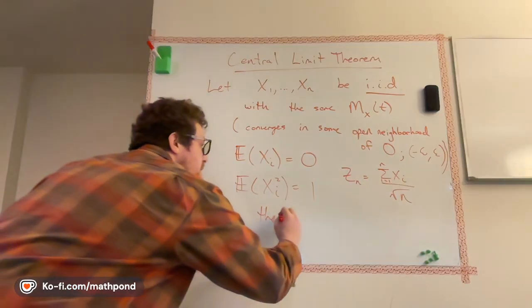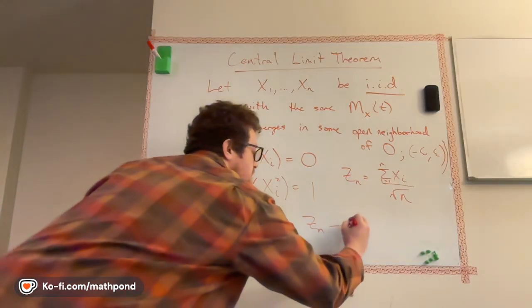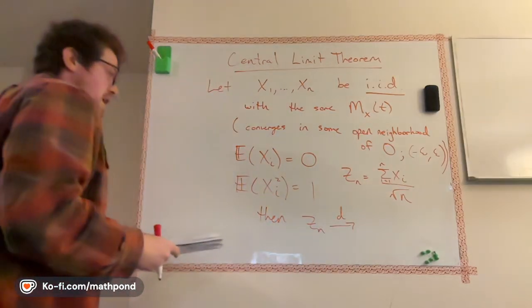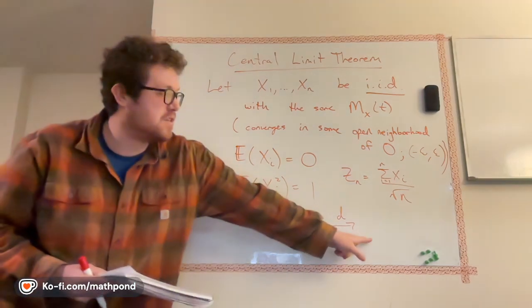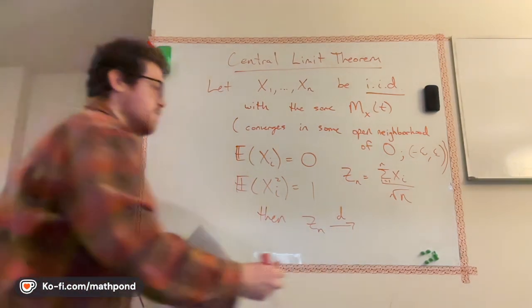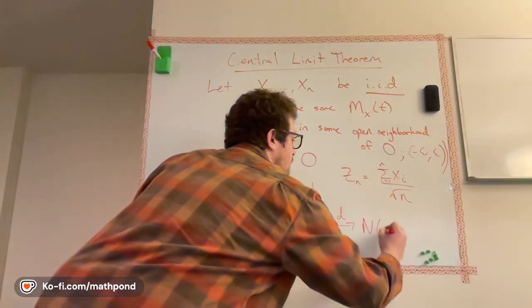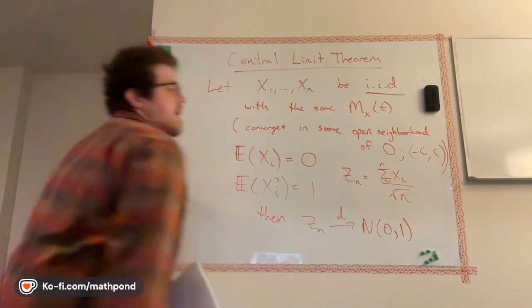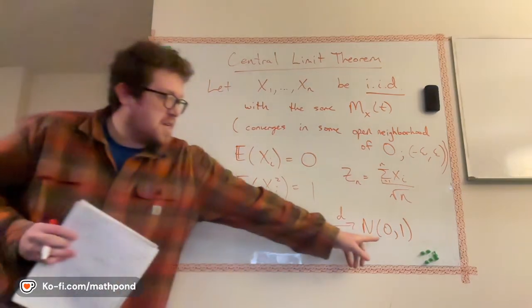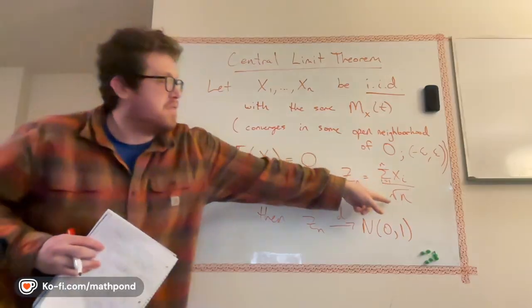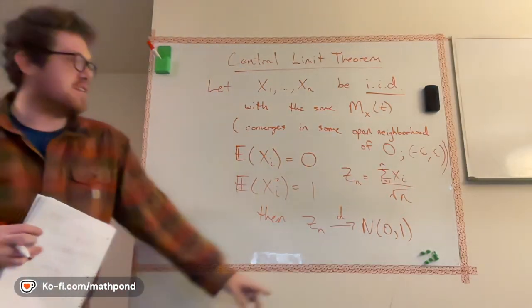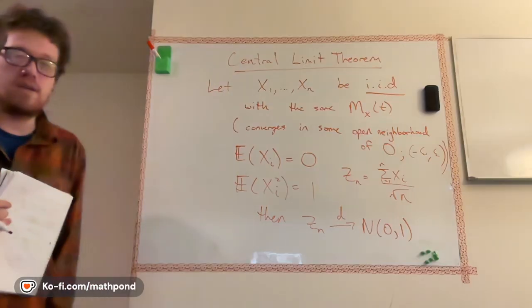So Zn converges in distribution, which, like we said, just means the moment generating functions converge pointwise to that normal distribution. It's going to be a normal distribution with mean 0 and standard deviation 1, and that's because of this normalization factor here. Otherwise, the variance will be growing.